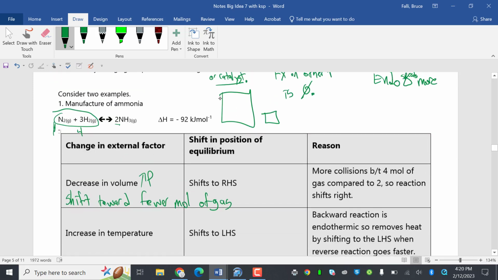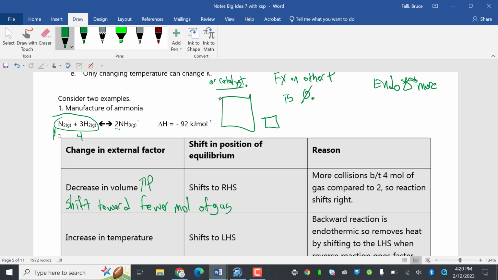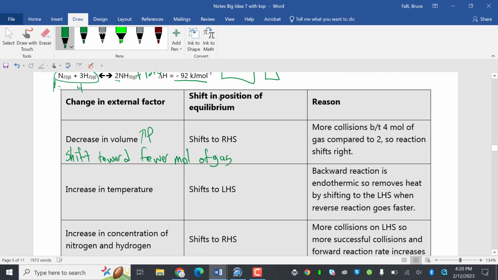If I increase the temperature, in this case, I forgot to do this. This is negative 92, so I put my heat on the right-hand side. So if I increase the temperature, we know all the particles move faster, there'll be more collisions, the rates go faster, but the backward reaction is endothermic, so it removes heat, I'm going to say faster, by shifting to the left-hand side when the reverse reaction goes faster.